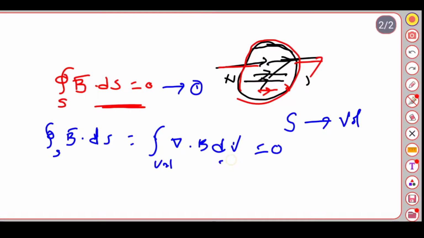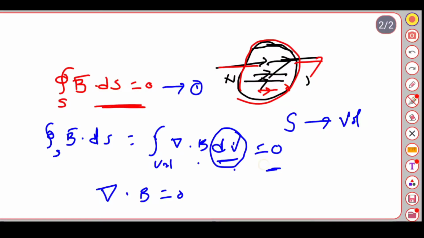But dv is not 0 here. The differential volume does not become 0. We can write del dot B equal to 0 from this equation. Since dv is not equal to 0, we can write del dot B equal to 0.